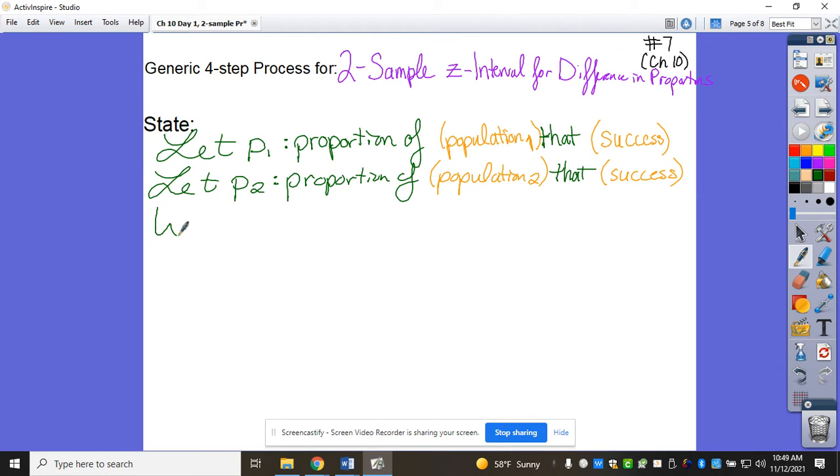We want to estimate. So usually we would write, we want to estimate what? P. Well, we don't just want to estimate P, we want to estimate what? So we want to estimate the what of the proportion.